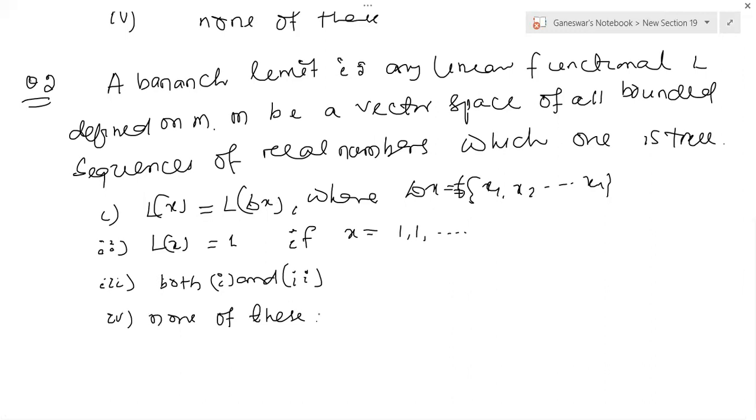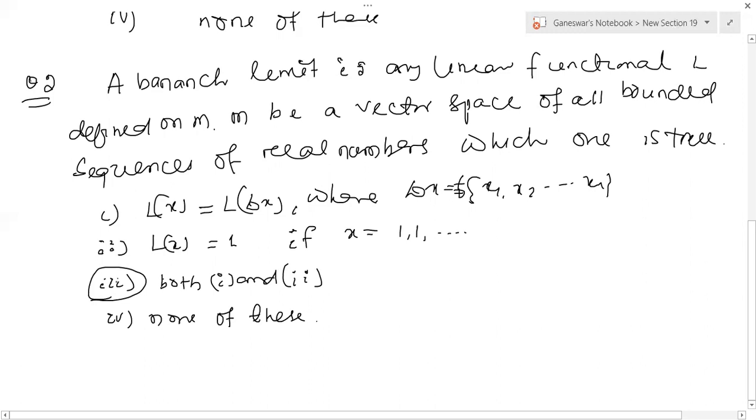We have already discussed in the previous question 1. The definition of Banach limit tells us that Lx is greater than or equal to 0 for all xn greater than 0. Second condition, Lx is equal to L delta x, and Lx is equal to 1 if x is equal to 1, 1, 1, and so on. So this is true for both the conditions.